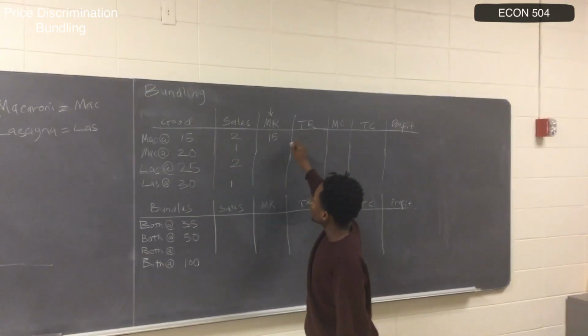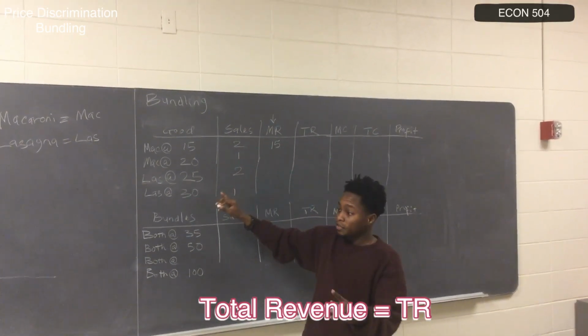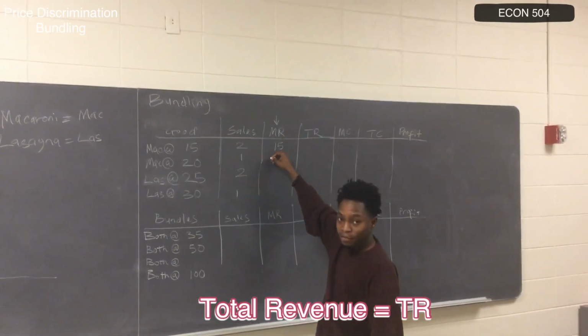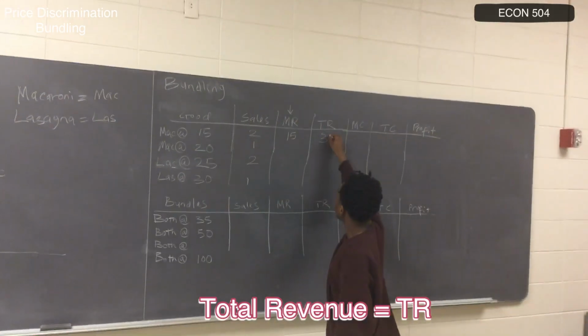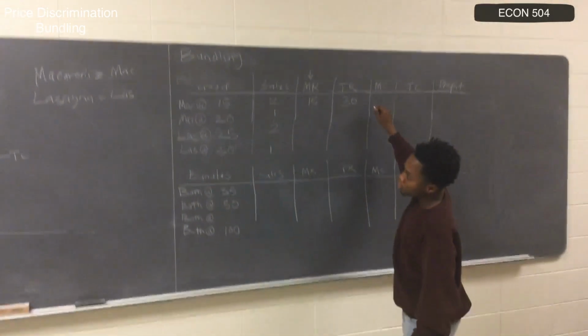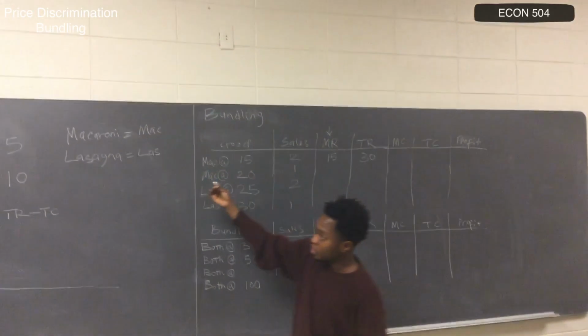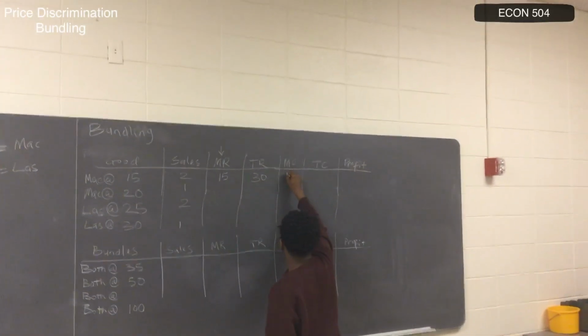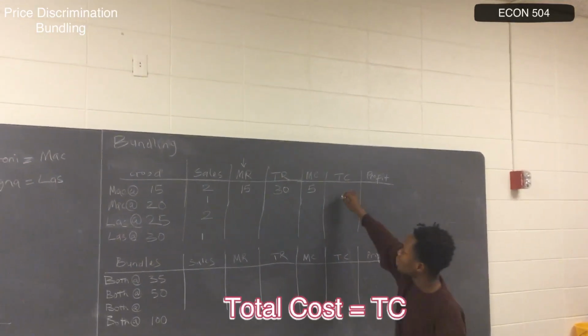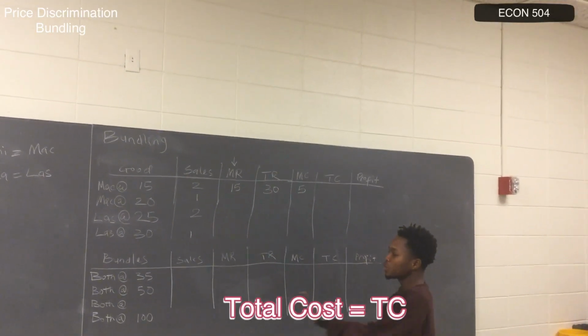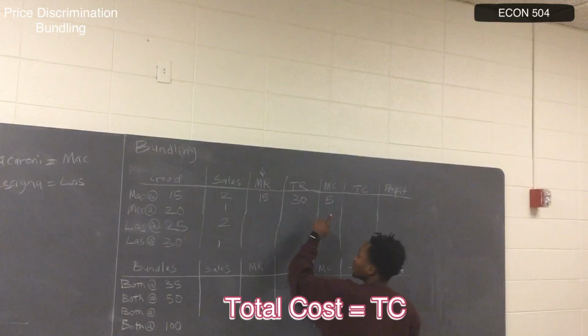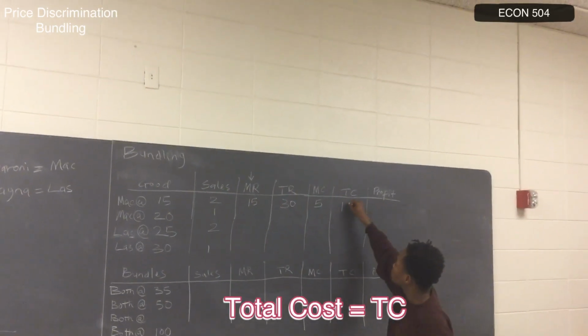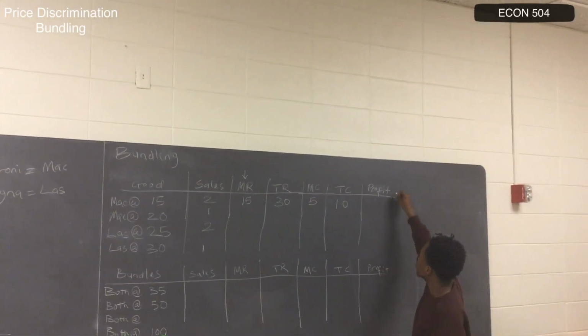Well, the total revenue, because it's being sold to two individuals, will be 15 times 2, so that will be 30. The marginal cost for selling mac or macaroni, we said, is 5, so we write 5 here. And the total cost of selling macaroni, because it's being sold to two individuals, will be 5 times 2, which is 10.